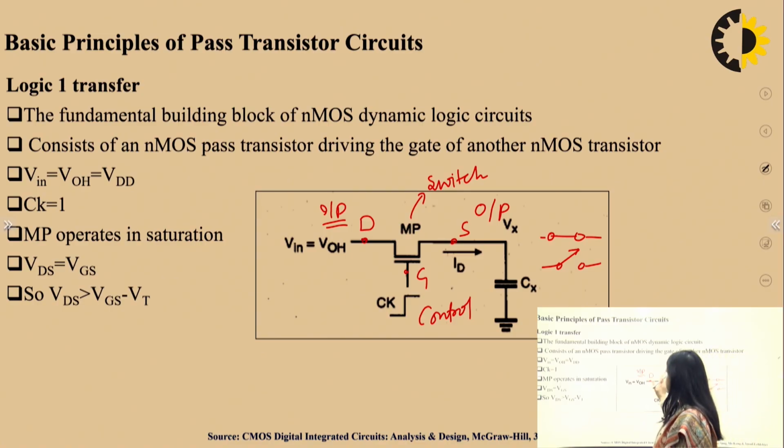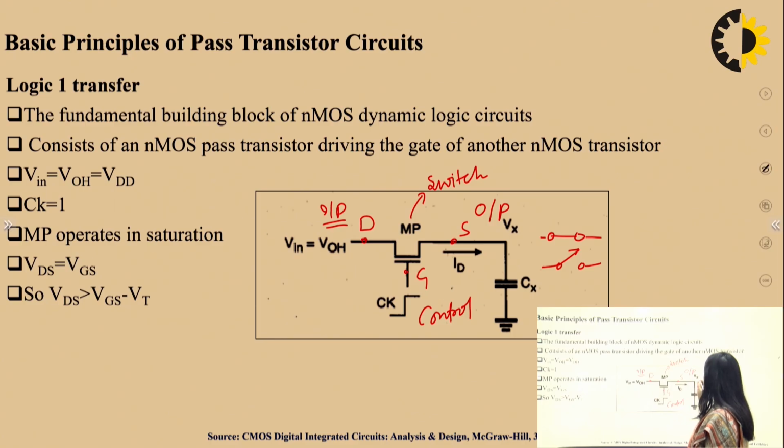So, here this transistor is behaving like a switch, and if the clock signal is low, then this transistor is off. That means there is no connection between the input and output node, and there is no impact on the output by this input Vin. But when the clock is high, we are talking about the evaluation phase. In the evaluation phase, when the clock is high, the input goes directly to the output node.